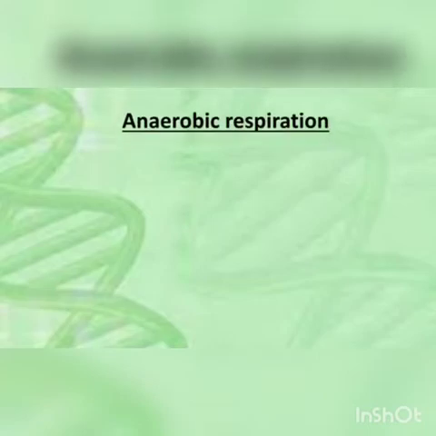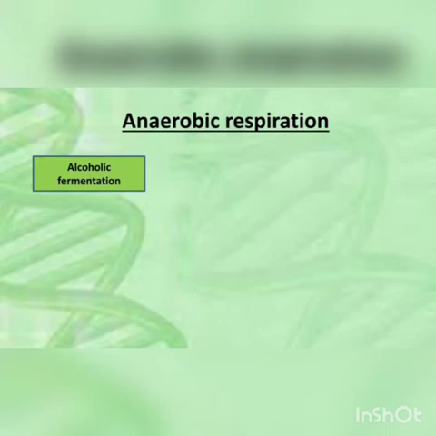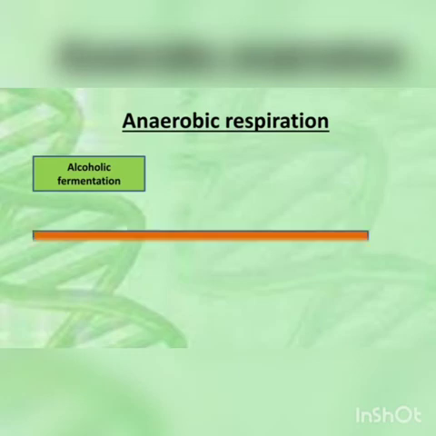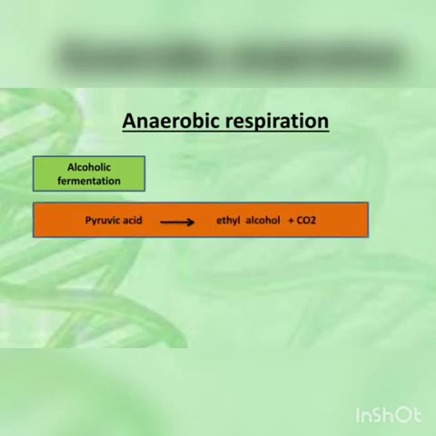Let's see the second type, that is anaerobic respiration. It takes place in the absence of oxygen. There is no availability of oxygen. So its first type is alcoholic fermentation, in which pyruvic acid is converted into ethyl alcohol. Actually in aerobic respiration there is complete oxidation, and in anaerobic there is no oxygen, so complete oxidation does not take place and carbon dioxide and water are not formed, other products are formed.